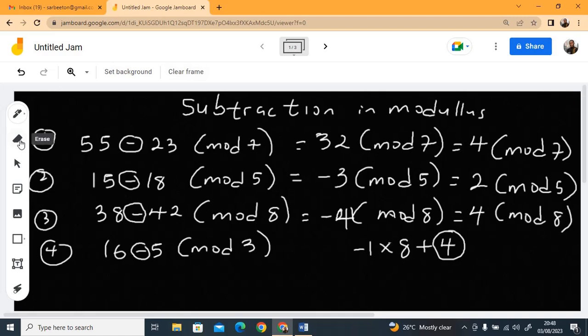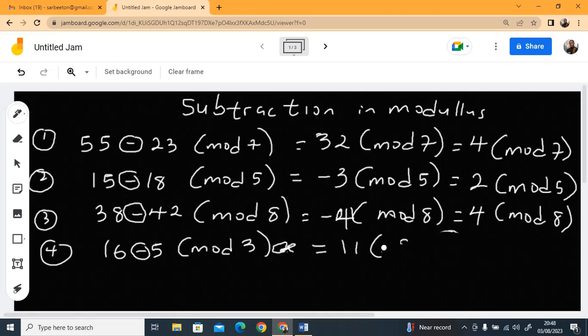Then the last one, and that one is very straightforward, does not have any issue at all. Let me clean this one up. So the last one is saying 16 minus 5, and 16 minus 5 is what? That will give us 11.